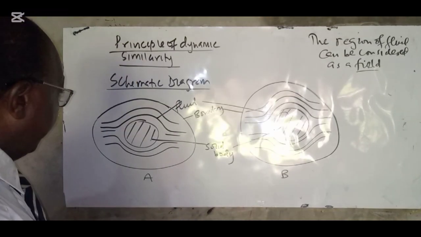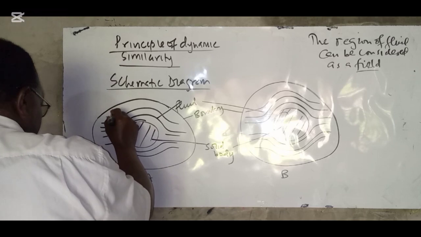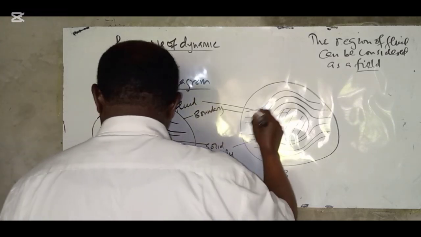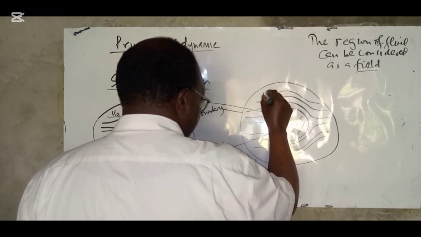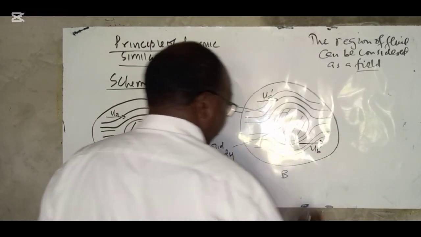Now, let us take some velocities. Let's say the velocity here is UA, velocity here is UB, and the equivalent velocities here are UA prime and UB prime.